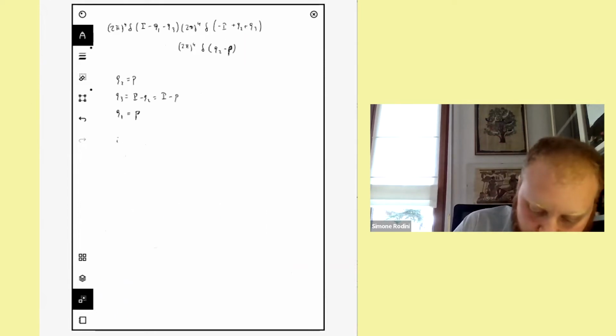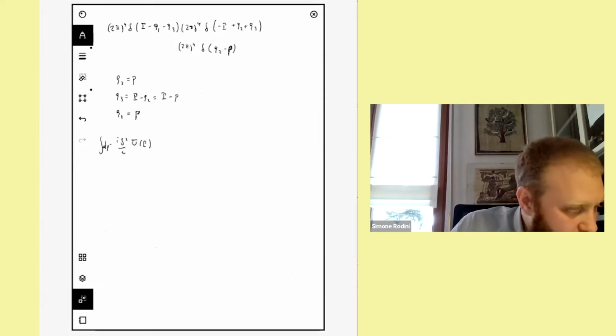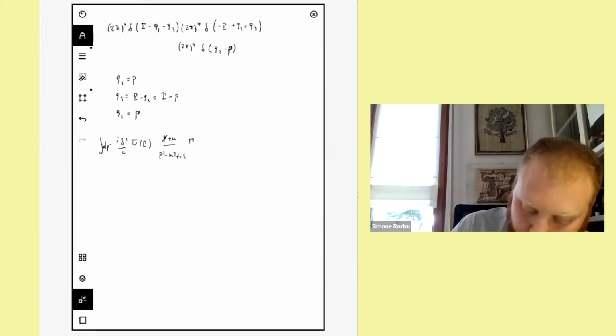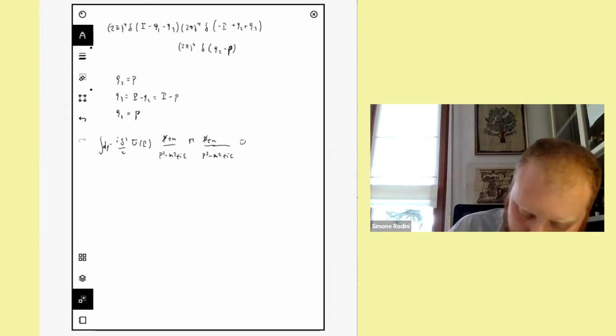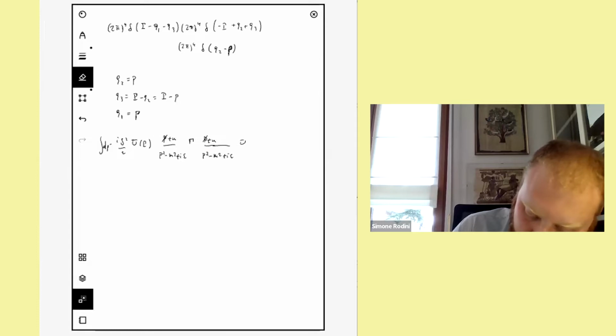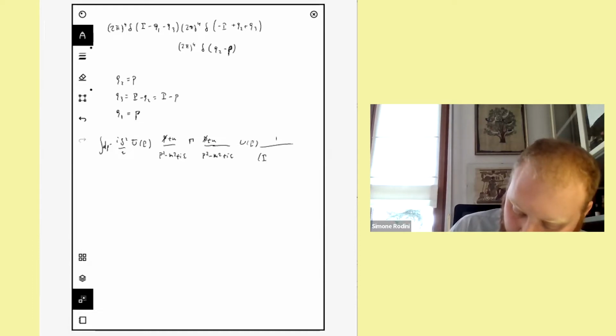So you're left with i g squared over 2, u bar of p, the integral over p minus, u bar of p, (p slash plus m) over (p squared minus m squared plus i epsilon), gamma, (p slash plus m) over (p squared minus m squared plus i epsilon), u of p, and then 1 over (P minus p) squared minus m_X squared plus i epsilon.